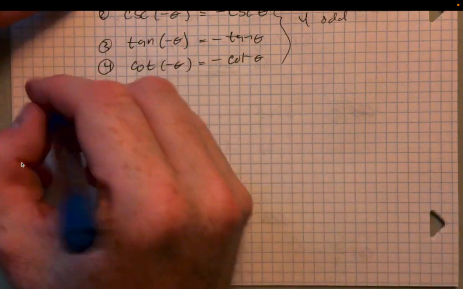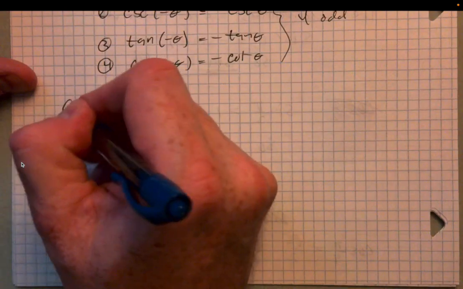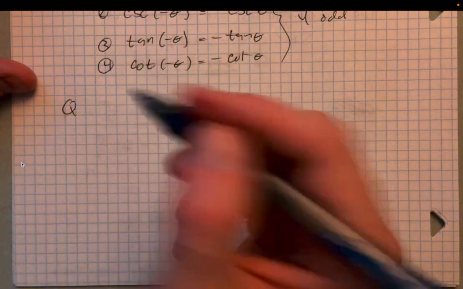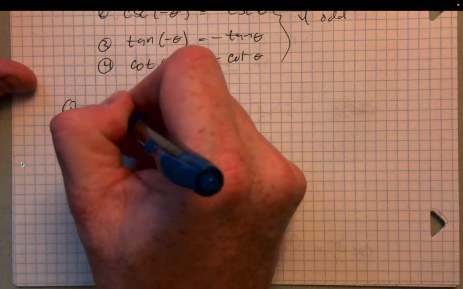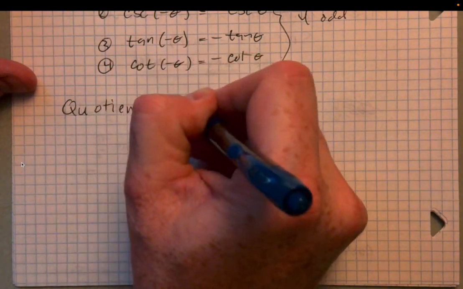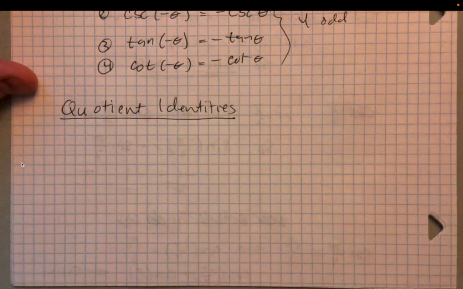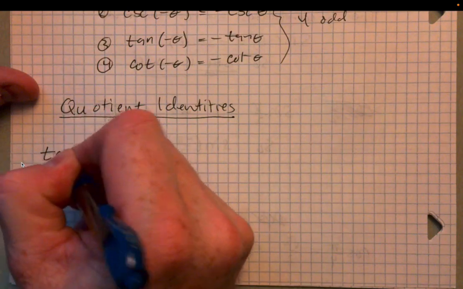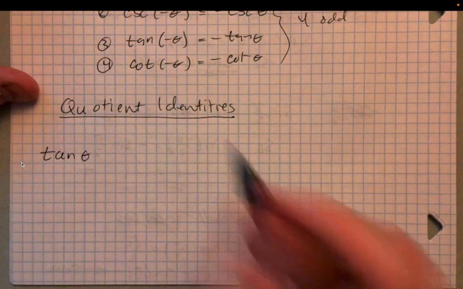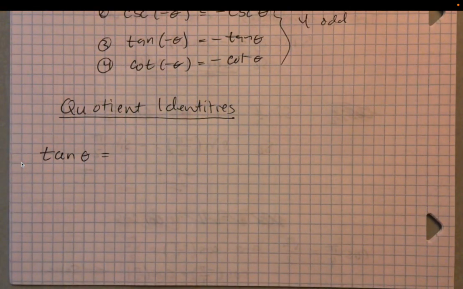And hard to know exactly what to call them, so I'm going to name them like this. So you've got what I'm going to call the quotient identities. Okay, the quotient identities, and that one is that the tangent of theta is equal to, well, we saw that the tangent of theta was what? It was y over x, wasn't it?